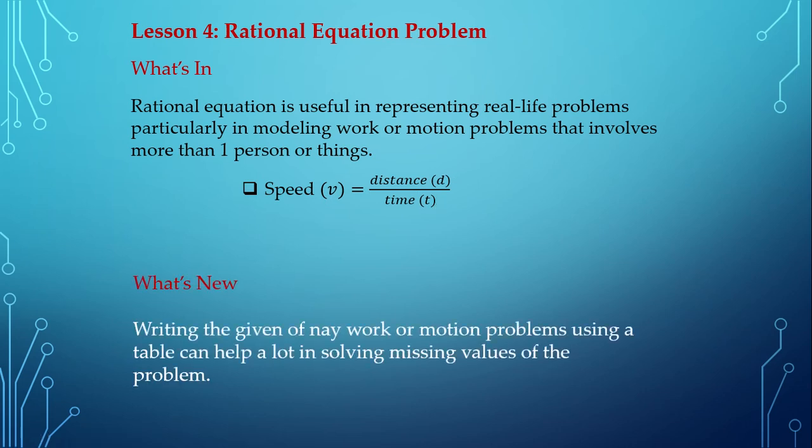What else? We also use unit cost. To compute for the unit cost, C is equal to total cost divided by number of units.